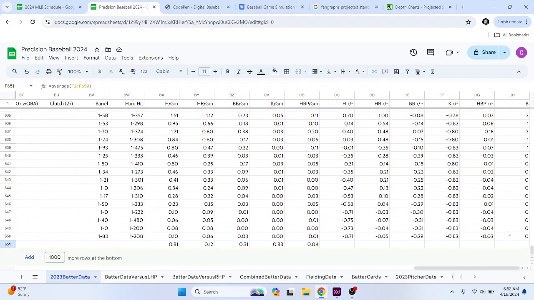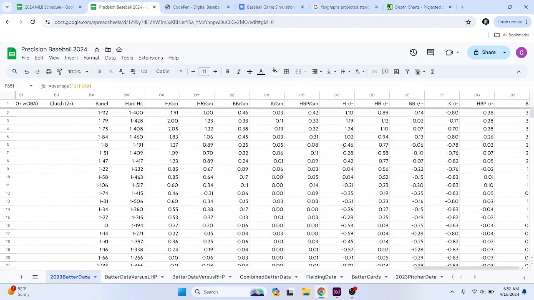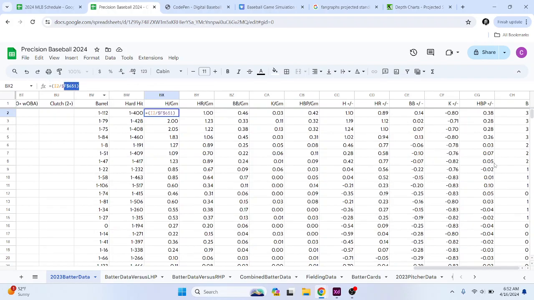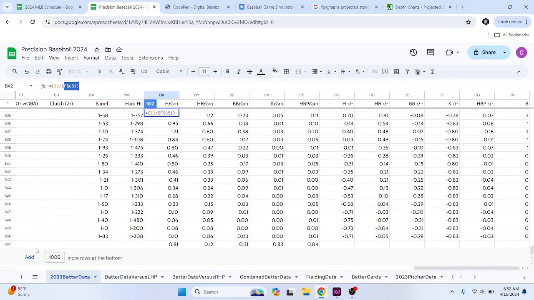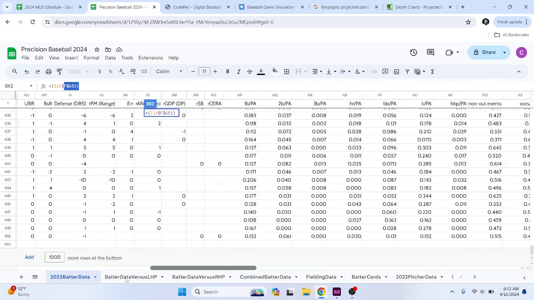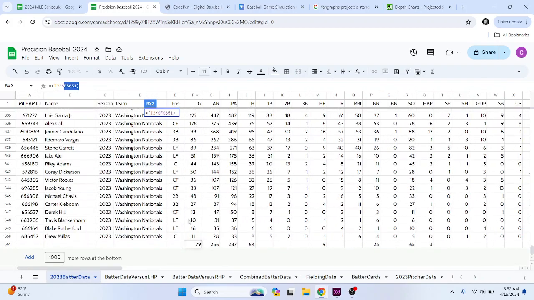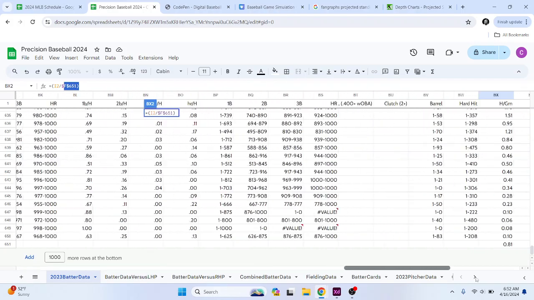So in order to put everybody on a level playing field, I wanted to put hits per, you can see here, it's per F651, which 651 is our last row. F is our games played. So everybody is being divided by this number.